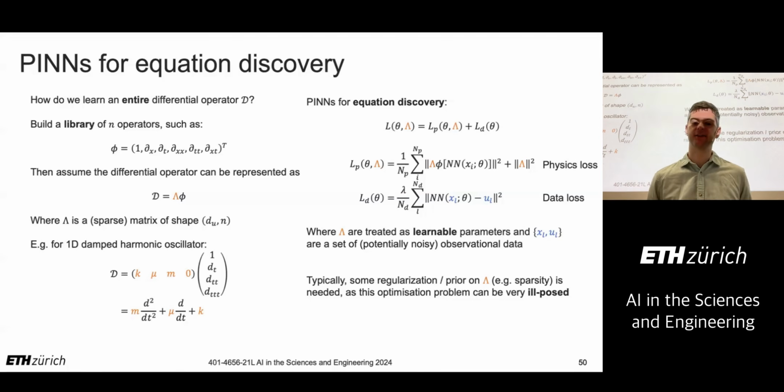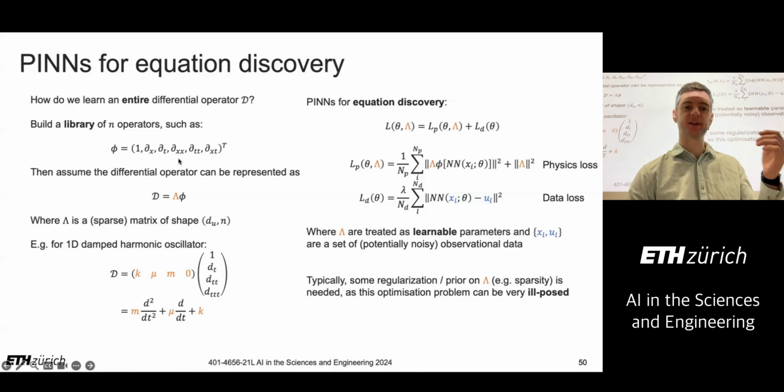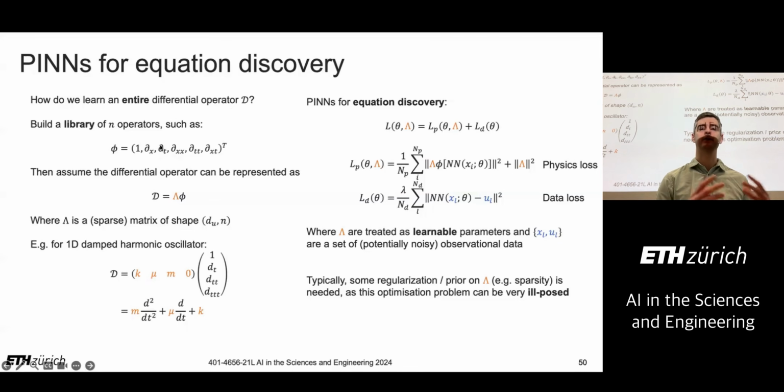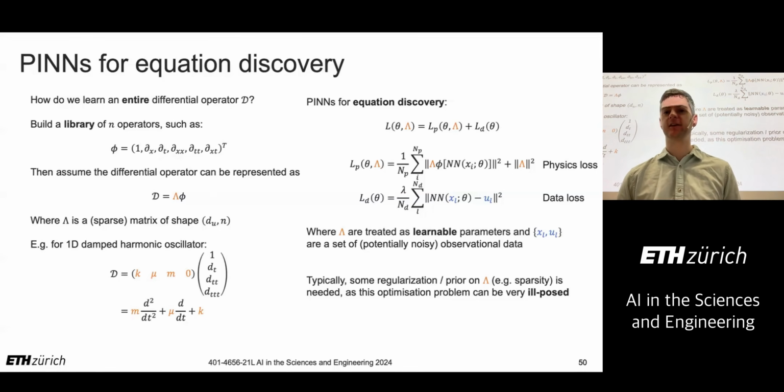What I'm getting at is that this space of possible differential equations grows exponentially. It's a huge space. If you imagine all the combinations of all these operators, that's an absolutely massive combinatorial space to search. So this is actually a really hard problem in general. What we typically have to do is assert some regularization or prior on the coefficients of the differential equation.